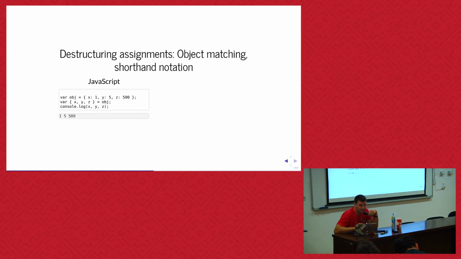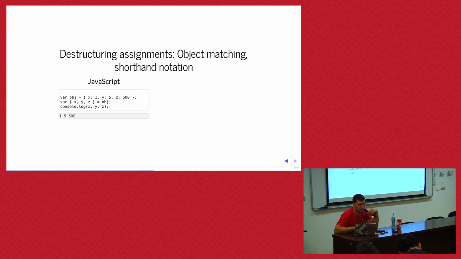And another thing with destructuring assignments is what they call object matching and shorthand notation. There's also another notation for that. I don't remember how it's called, and I don't have examples for another one. But I think that these notations are more related to the JavaScript object model.